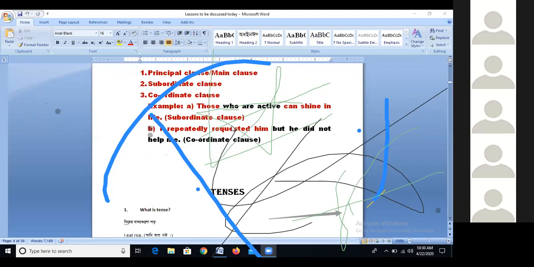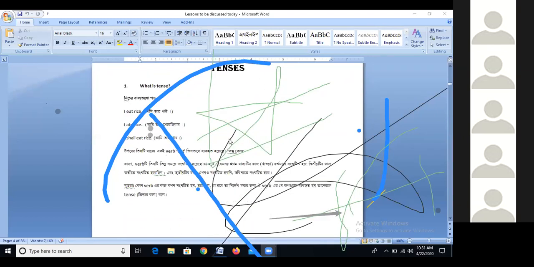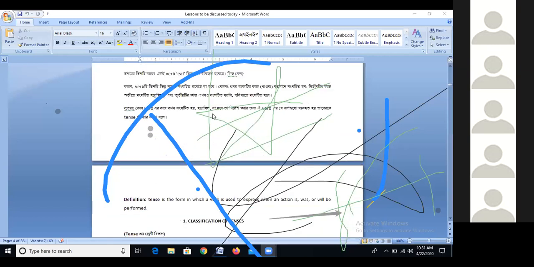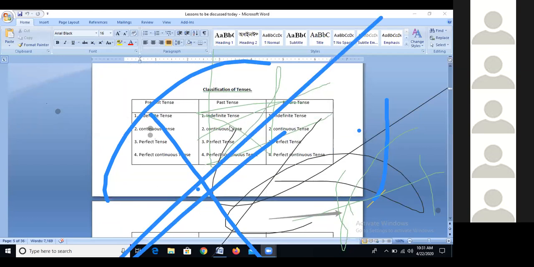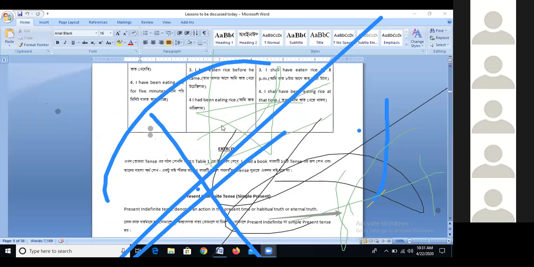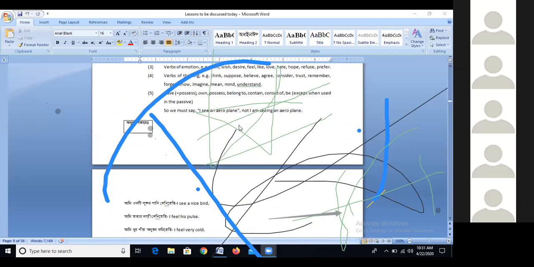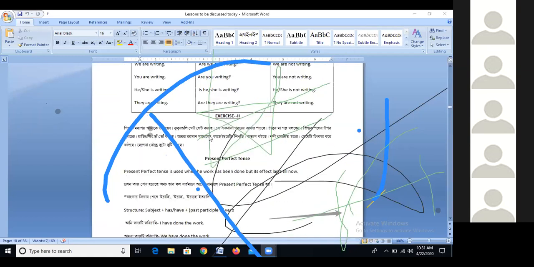Then for right form of verbs, you must know tenses. You should have some ideas of tenses. And so far, I believe you have some ideas. You have already had some ideas of different kinds of tenses. But I think you should practice the exercises after each tense that is incorporated in my sheet of paper that I will upload in the site of our college very soon.